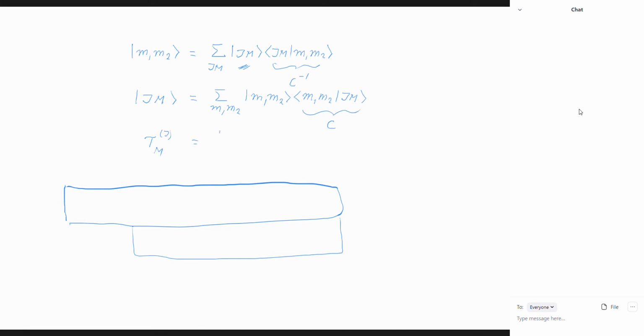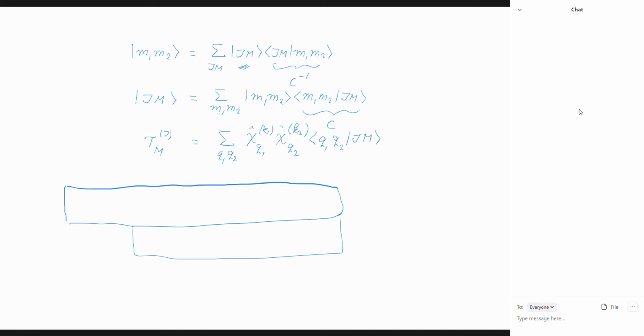This will be a sum over Q1, Q2, say. So a lot of indices here. And we have the Clebsch-Gordan coefficients.